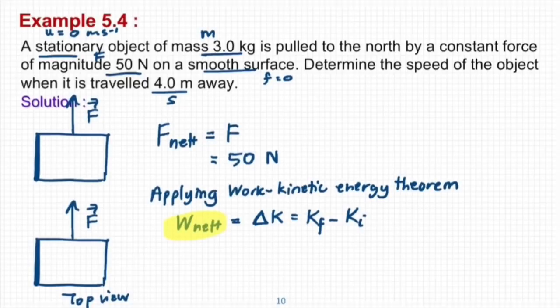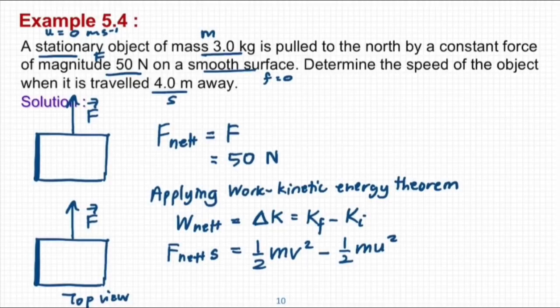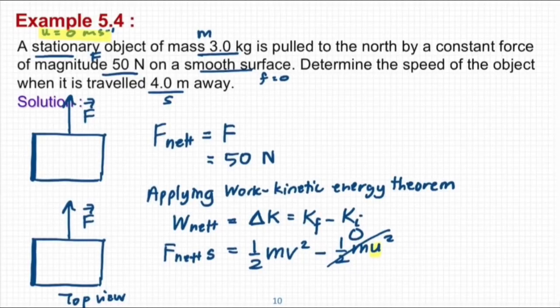And then we have to find the net work, so we can use the formula that we have learned previously, which is W net is equal to F net S. And then Kf is equal to half mv squared, and Ki is equal to half mu squared. Now remember that the object is initially stationary, so u is equal to 0, hence our Ki will be equal to 0. So we are left with F net S is equal to half mv squared.